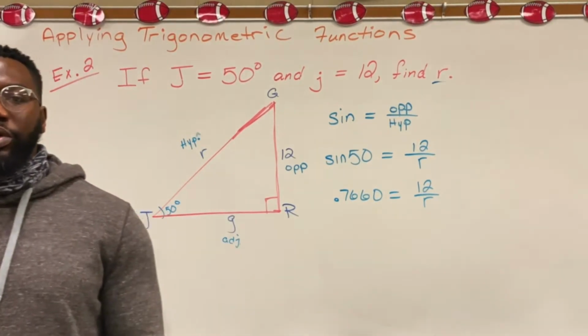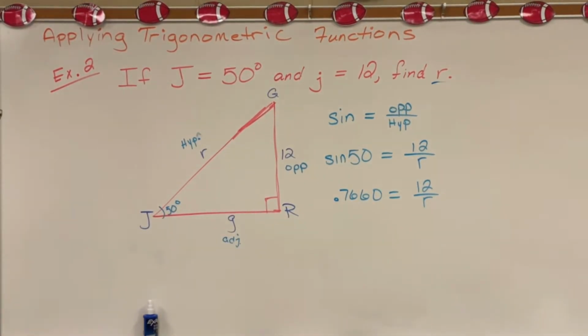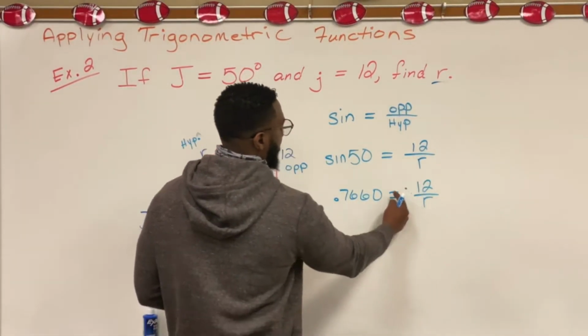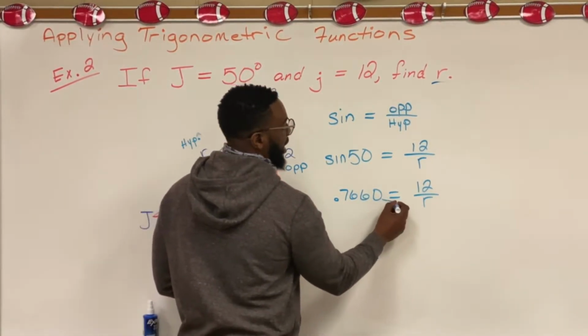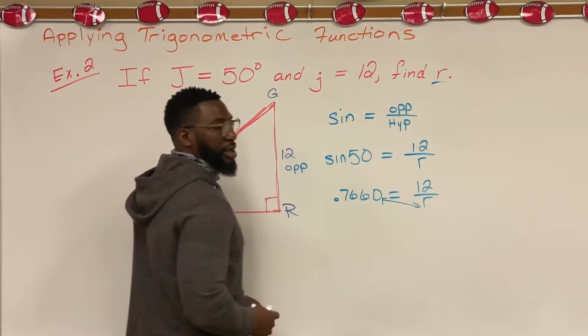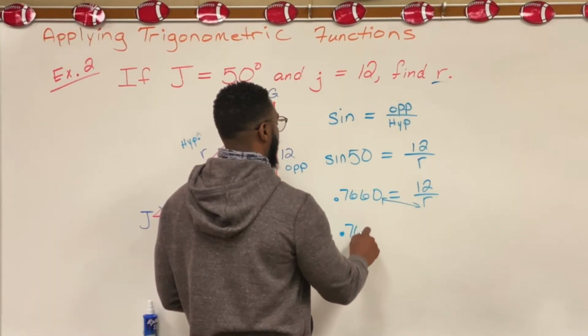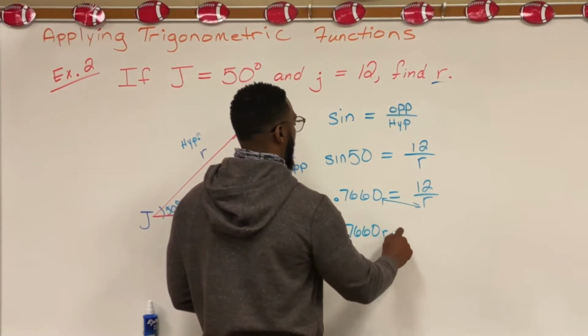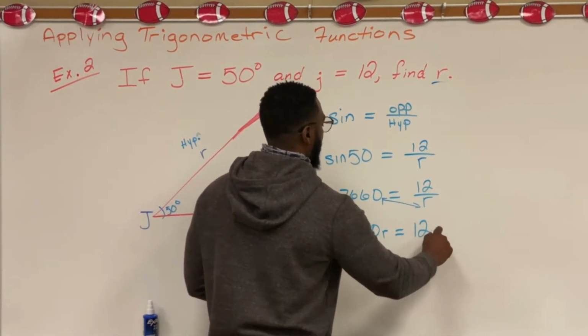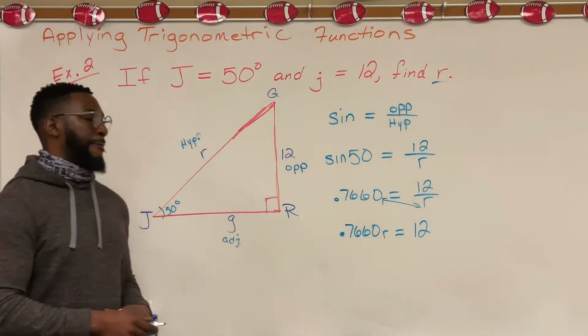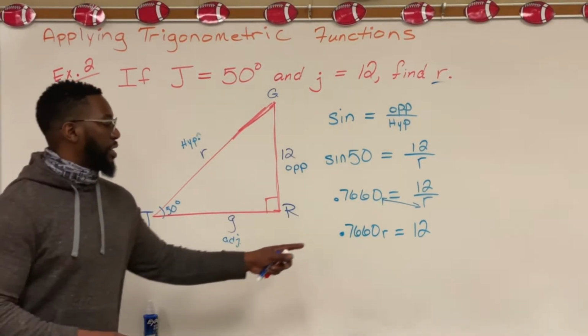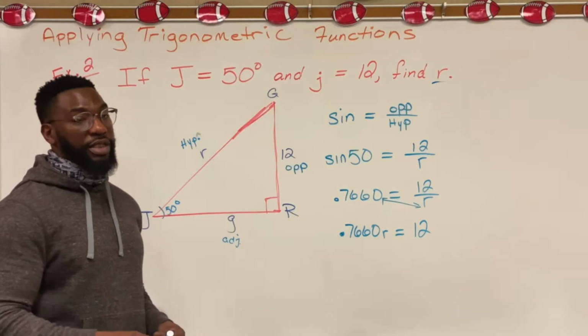So this one works a little bit different than the last one because of the way that we had it set up. We're still going to multiply that times that, but instead, we're going to have 0.7660 R equals 12. So now we have to do the opposite of multiplication, which is division.